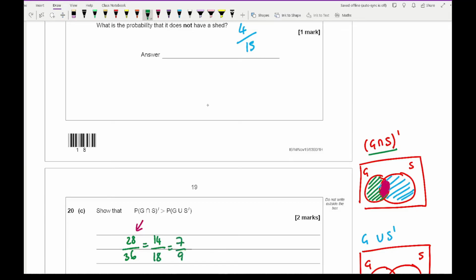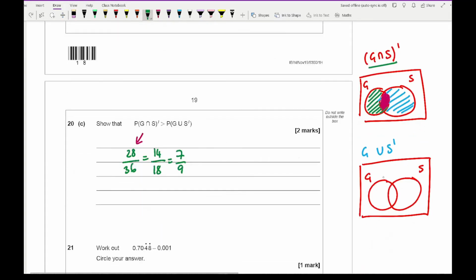Now in terms of this next part, G or not S, where or means basically the bits that we're just shading in. So this is G, and not S is everything that is not S, which is all of that area there. So what I then need to do is work out the probability of everything that is shaded.